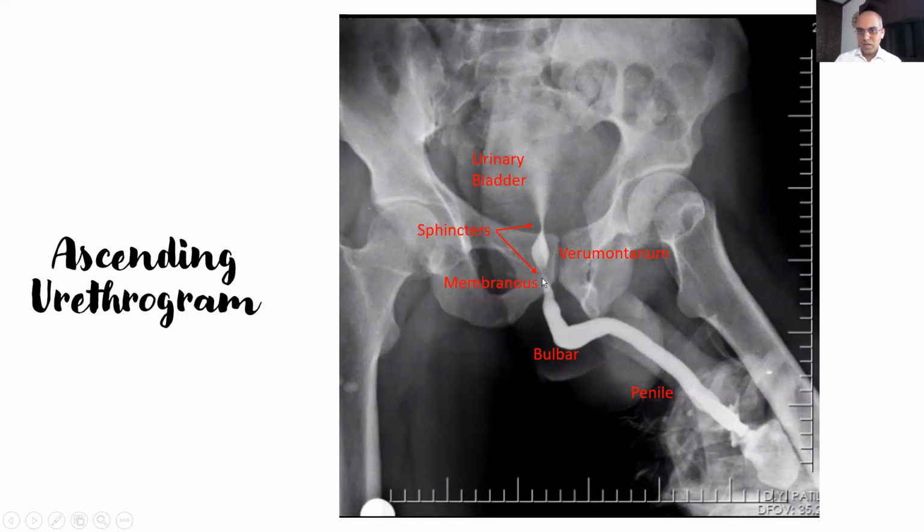Beyond this, you have your internal sphincter, and then you can see the radiopacity of the verumontanum, and then you have the prostatic urethra, and then you have the jet sign of contrast entering the bladder.